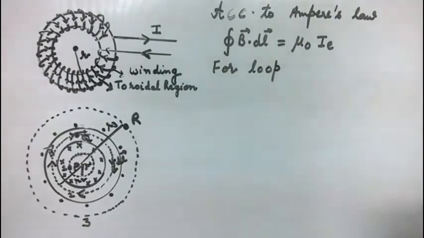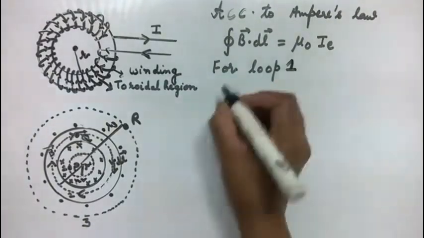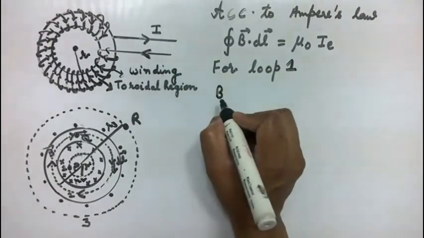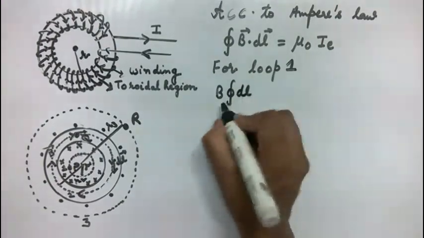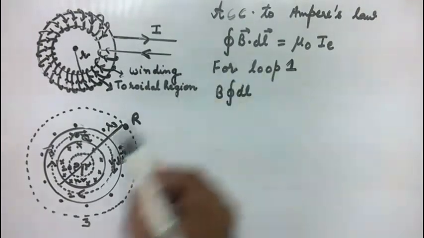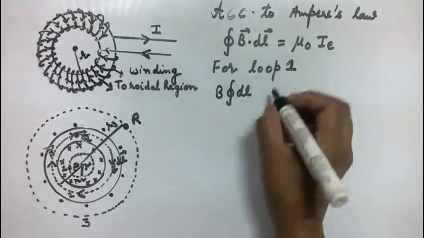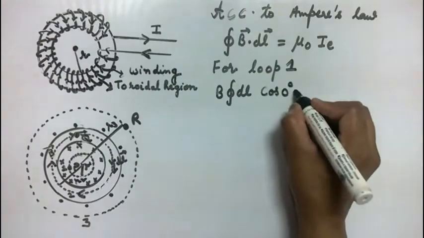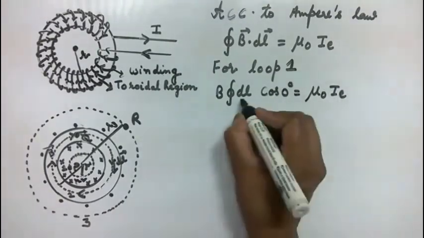For loop 1, in the line integral the magnetic field is constant. The direction of the magnetic field and dl is the same, therefore the angle between them is 0 degrees and cos 0 is 1, equal to mu naught I enclosed.